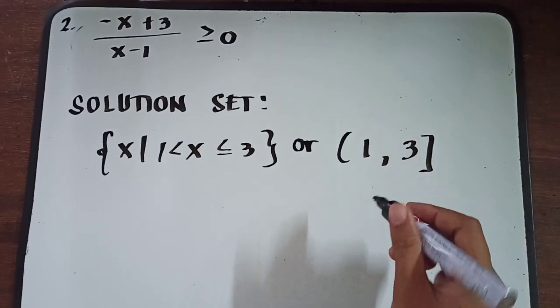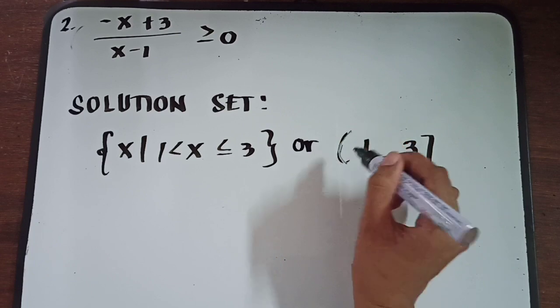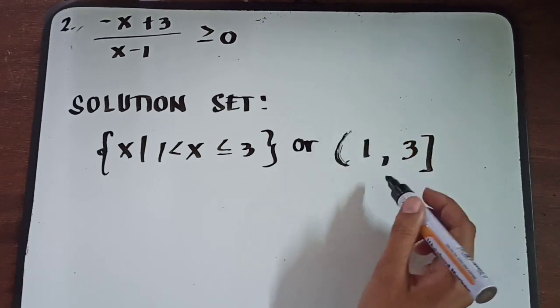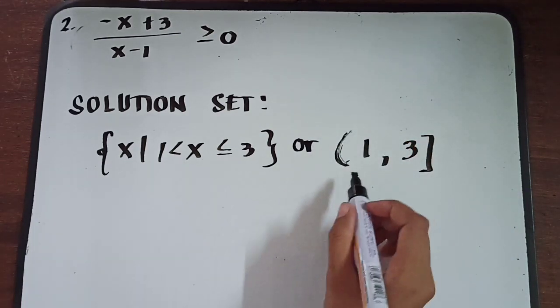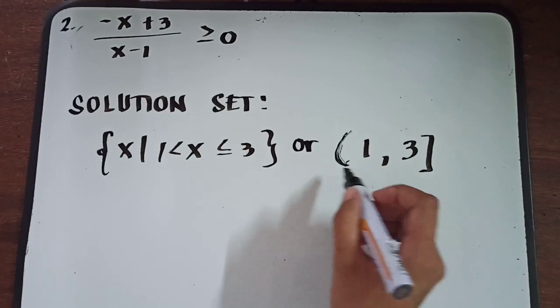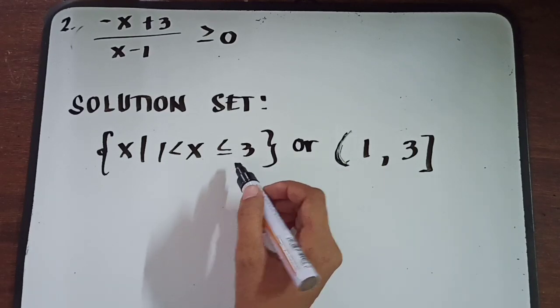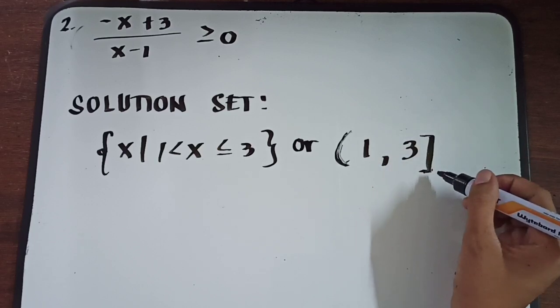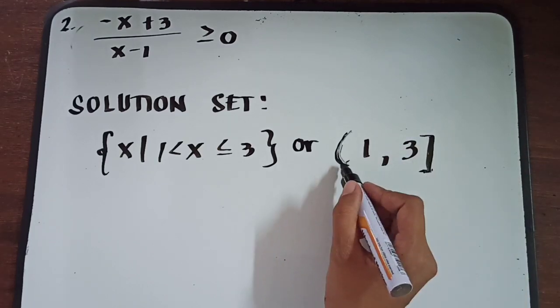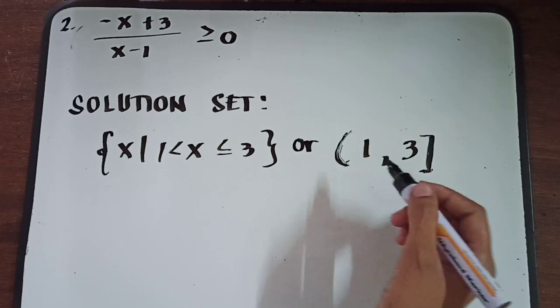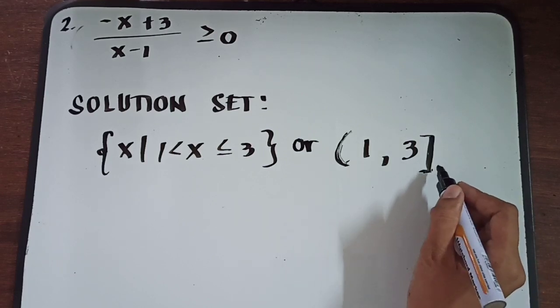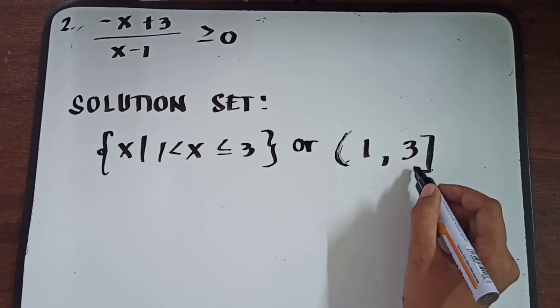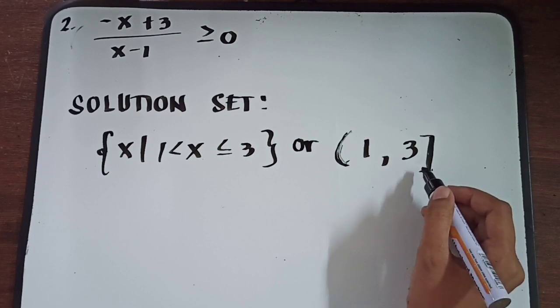Again, katulad na sinabi ko kanina, pag parenthesis lang, ibig sabihin hindi siya included. So, wala siyang equal dito, therefore parenthesis lang si 1. Si 3 is may equal, ibig sabihin included, kaya ginamit ko is bracket. Pag bracket ang ginamit, ibig sabihin included or kasama yung 3 sa solution set.